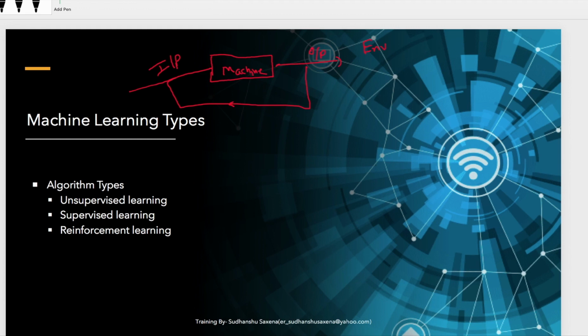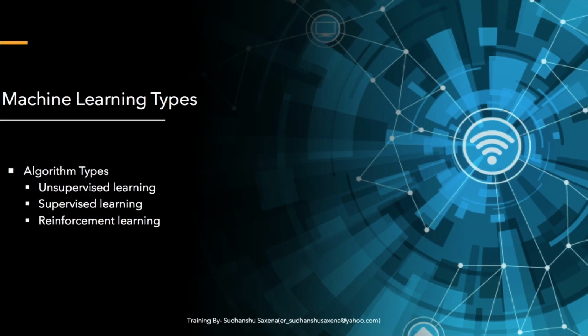And once it changes the output, the environment changes, then this information is again backfed, and so on and so forth. It keeps on working that way, right? So I hope you're getting the logic over here, how exactly this whole machine learning algorithm works, and how we design several other things as well. I hope it is making sense to everyone.